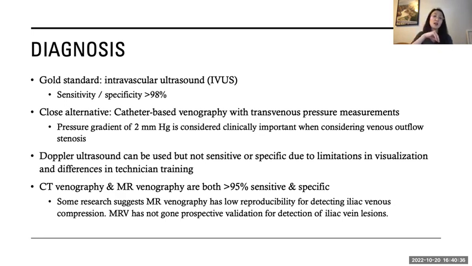I will note that there are many more studies looking at CT venography, and the prospective validation studies for MR venogram are quite limited. So some researchers would warn that MR venography is likely just as sensitive and specific as CT, but may have low reproducibility and has not been adequately validated to say that it is for sure as good as CT venography.